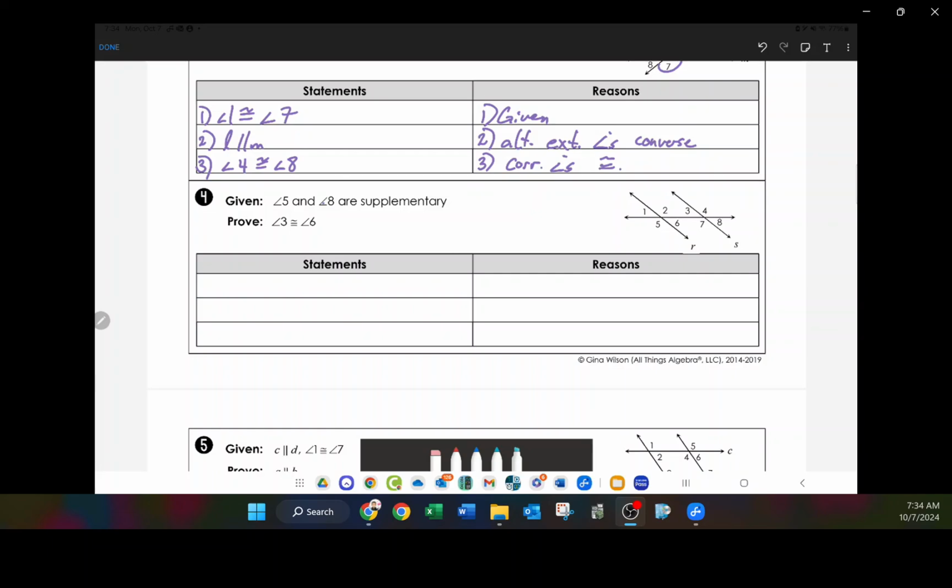So again, you're trying to prove angle 3 and 6 are congruent. Okay. Given that 5 and 8 are supplementary. I mean, there's a couple ways you can do it, but if you're given some angles are congruent, or given some angles are supplementary, you may want to try to prove lines are parallel, and then use the fact that lines are parallel to say that it's congruent.